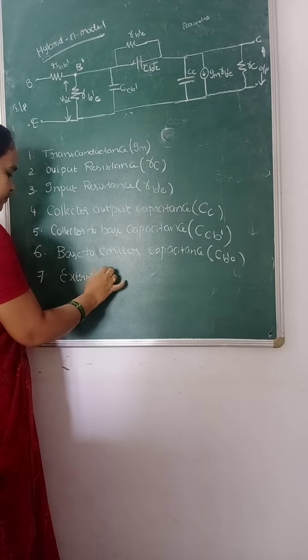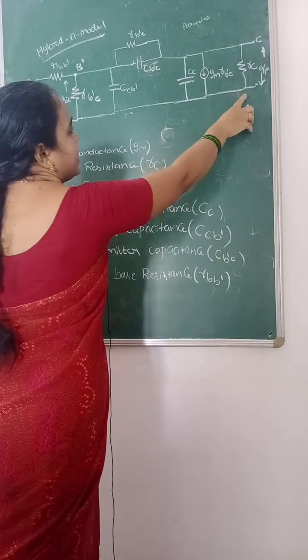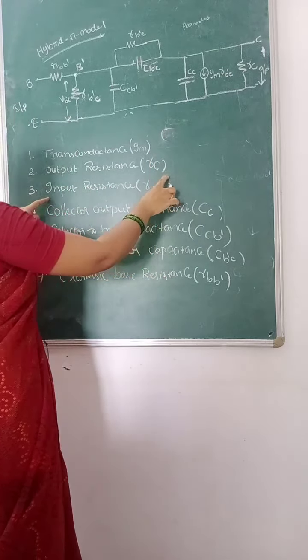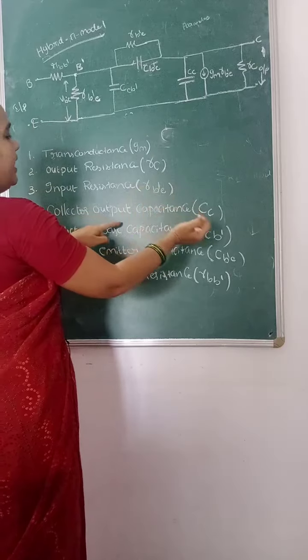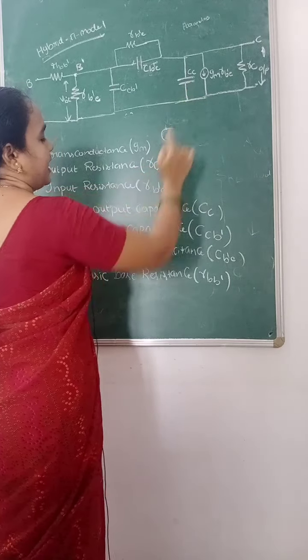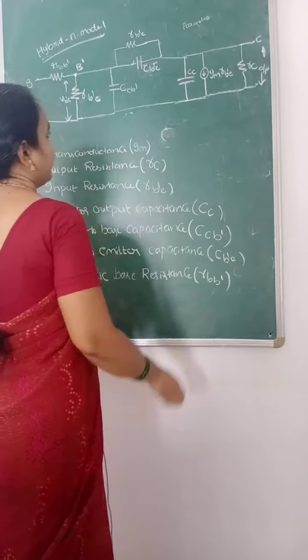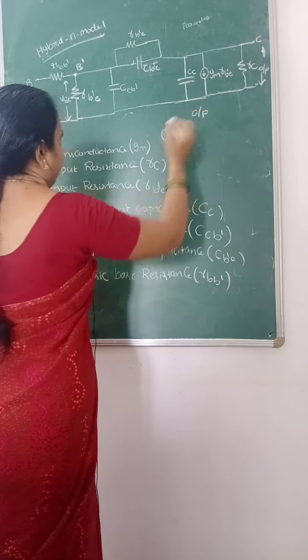These all terms are: GM is the transconductance, RC is the output resistance, RB dash E is the input resistance, and CC is the collector output capacitance. All these terms are related to the output circuit.